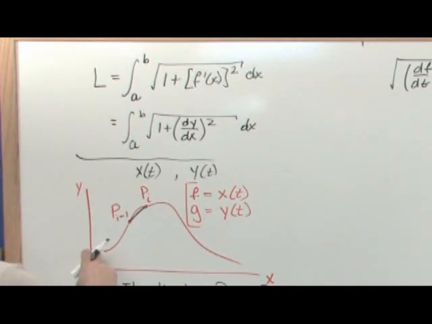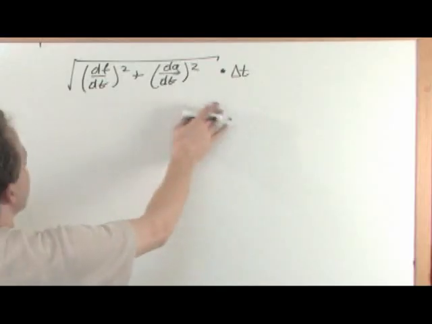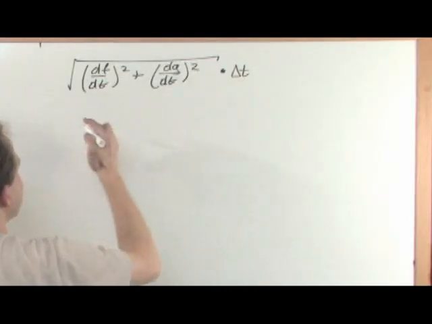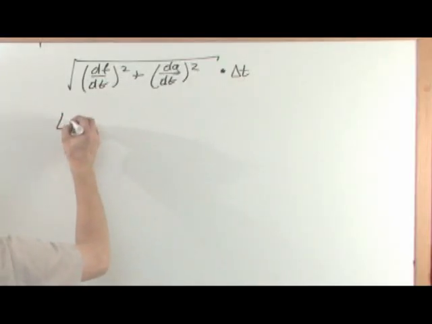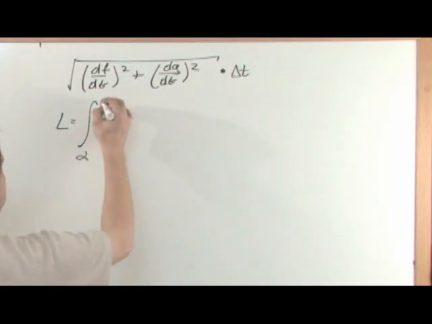Now, if I want to find the arc length of the whole thing, I need to somehow add up all these little segments, but at the same time, I need to shrink these segments down to 0. So this quantity times a delta is going to turn into an integral, and that delta t is going to turn into a differential dt. That's what the integration process does. So I'm integrating from alpha to beta, and I'll explain what alpha and beta are in a second.